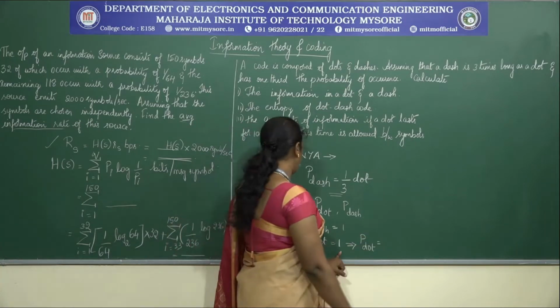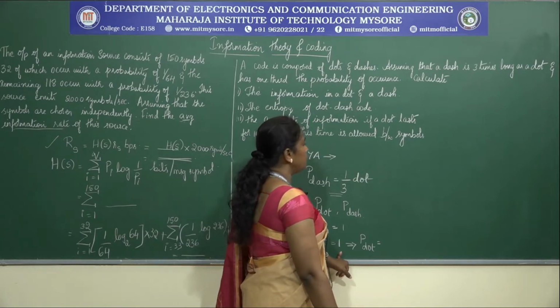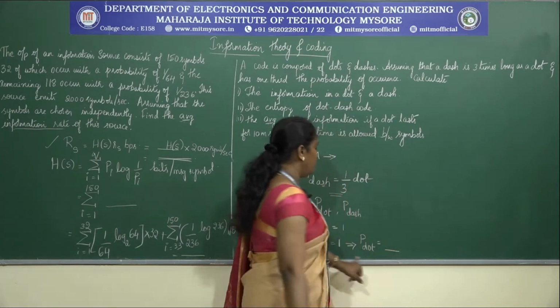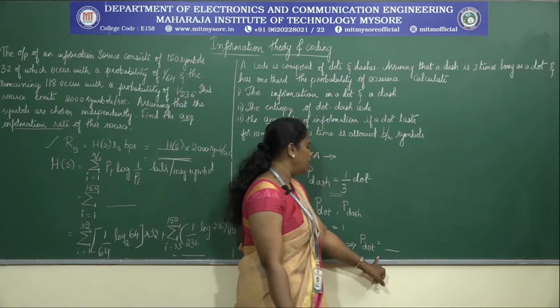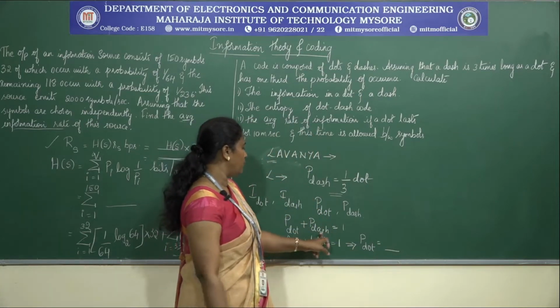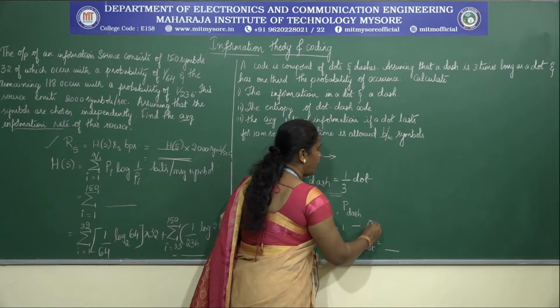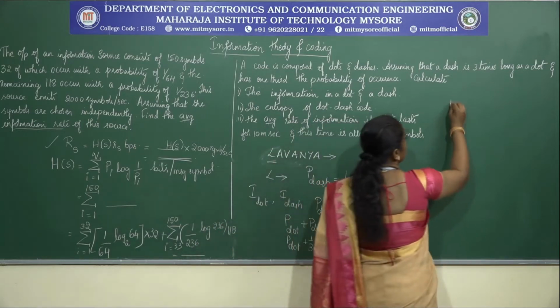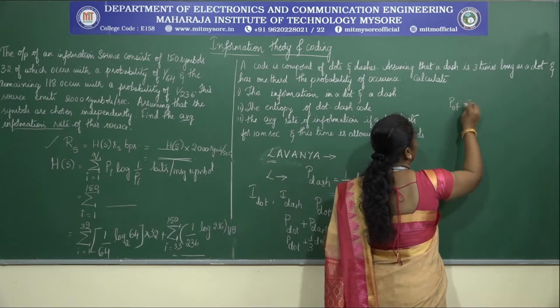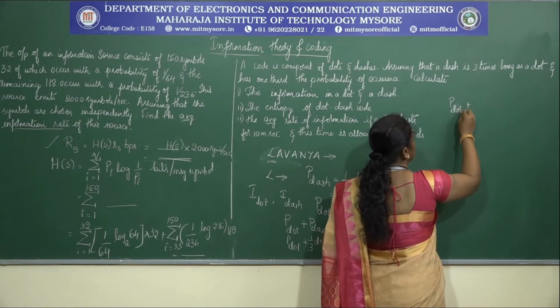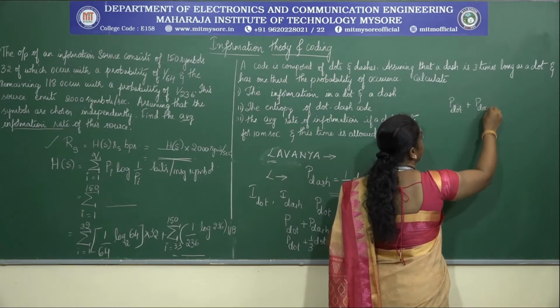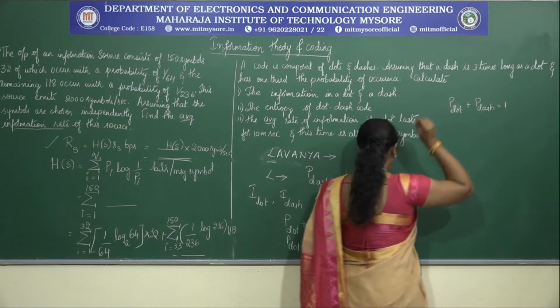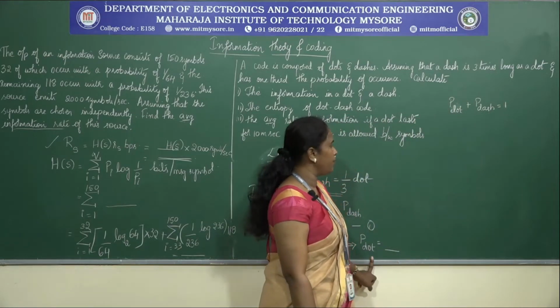After getting the P dot value, you need to substitute it in your equation number 1. So P dot plus P dash is equal to 1. From here we have calculated the P dot value.